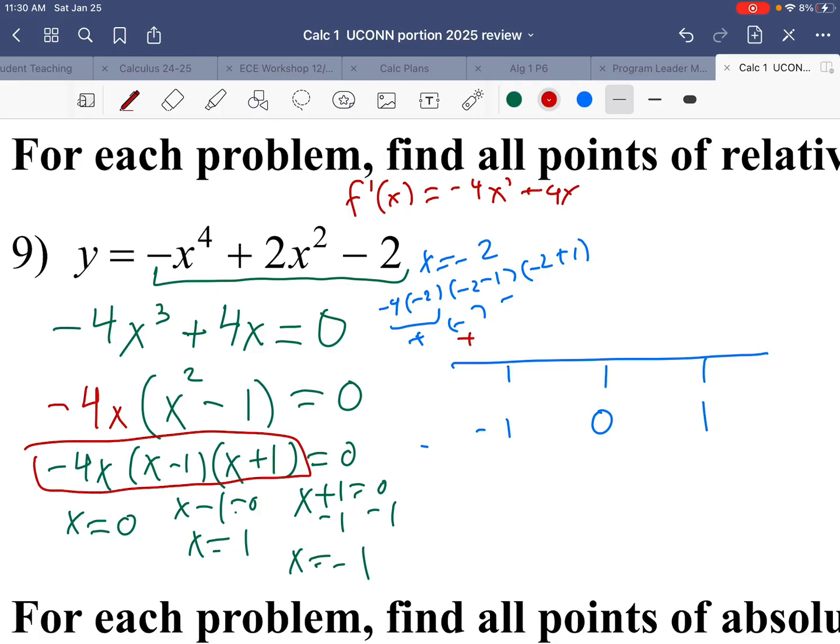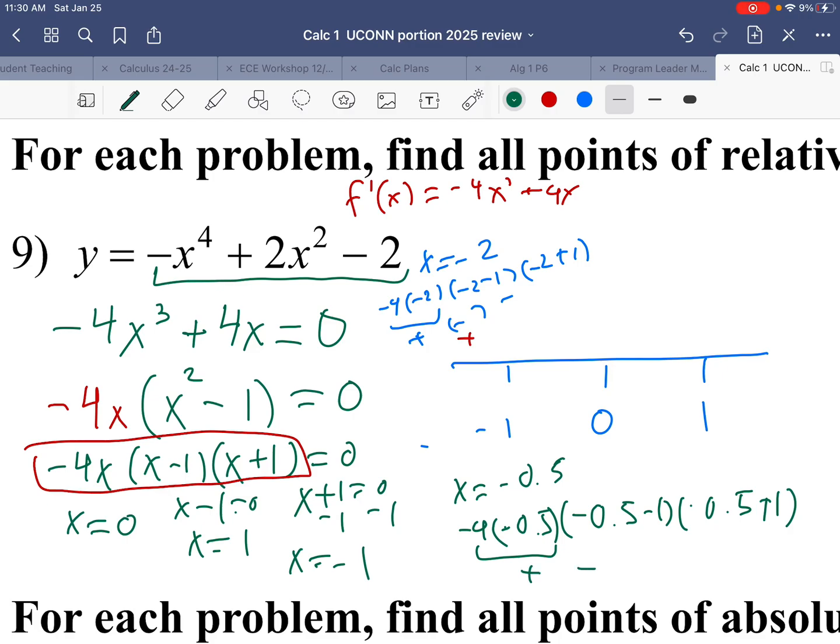In between -1 and 0, let's use x equals -0.5: -4 times -0.5 times -0.5 minus 1 and -0.5 plus 1. These two are going to be a positive. This is going to be a negative times a positive. So the in between here is going to be negative.